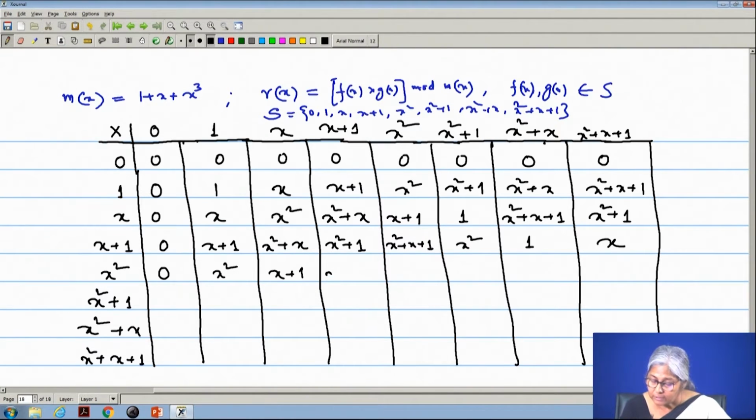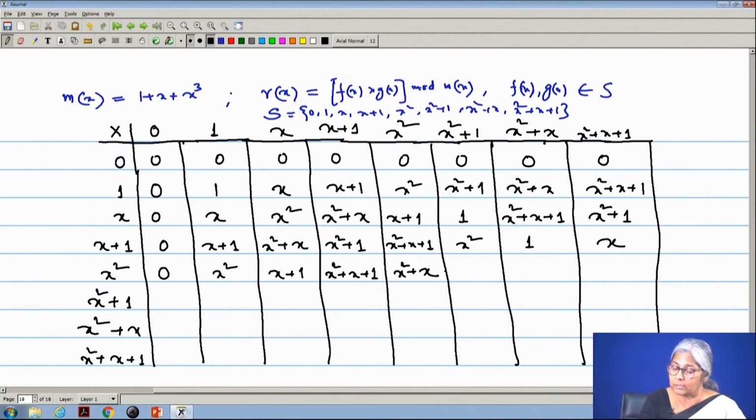So, x square plus x plus 1, x square plus x plus 1. Now, x to the power 4, if I divide, then x 4 plus x square plus 1. So, this becomes x square plus x.